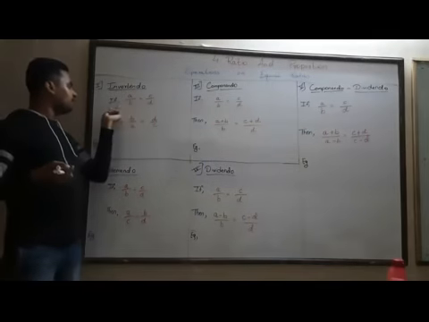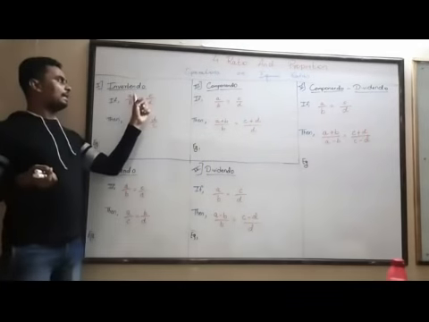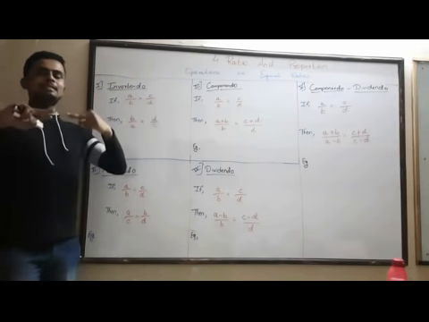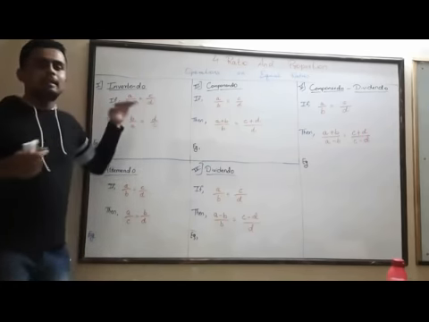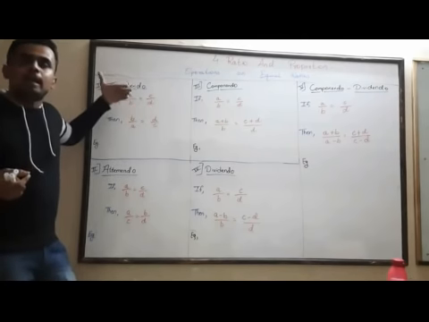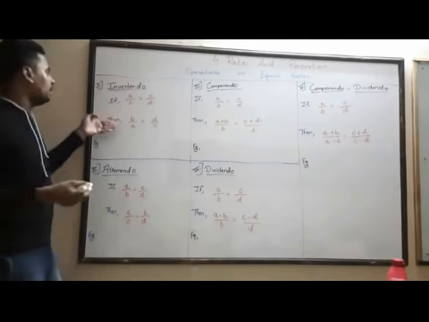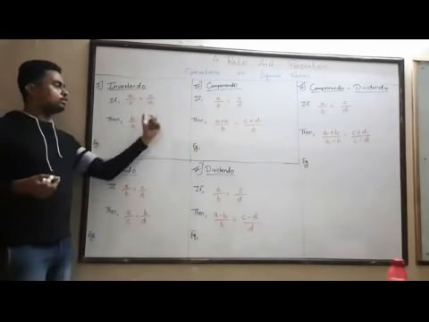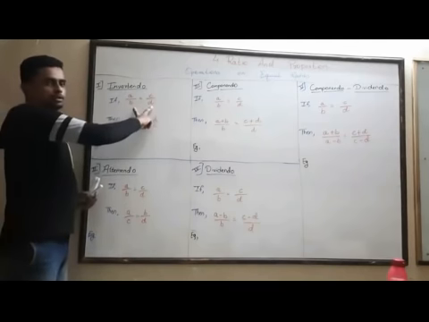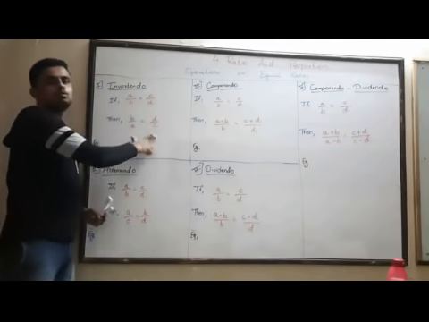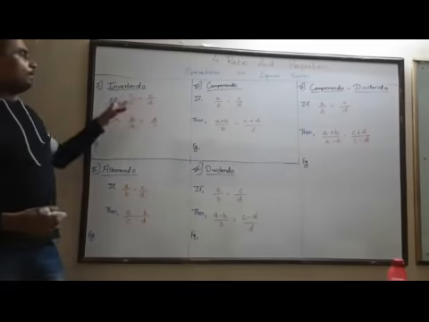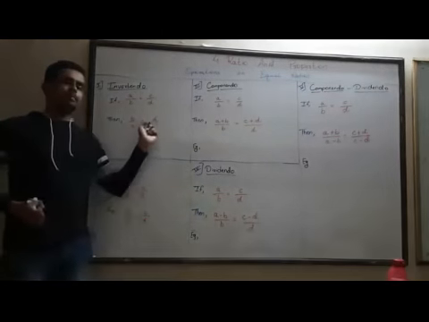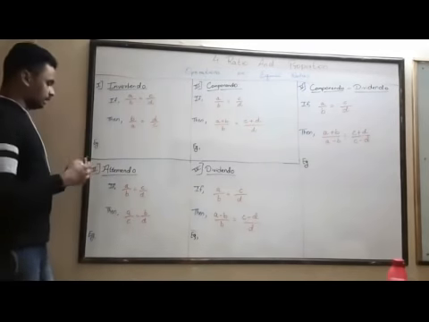So first, if we have two equal ratios, A upon B equal to C upon D, then after inverting, that is, the denominator comes in the numerator and the numerator comes in the denominator, these ratios are also equal. So if two ratios are equal, then their inversions also become equal. So A upon B equal to C upon D, then B upon A becomes equal to D upon C.